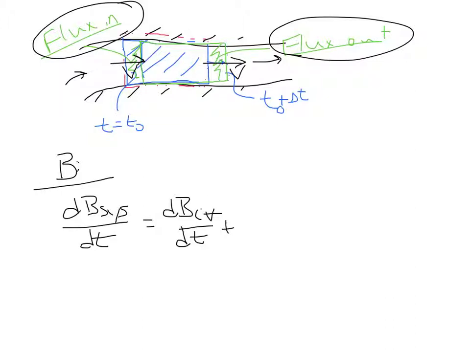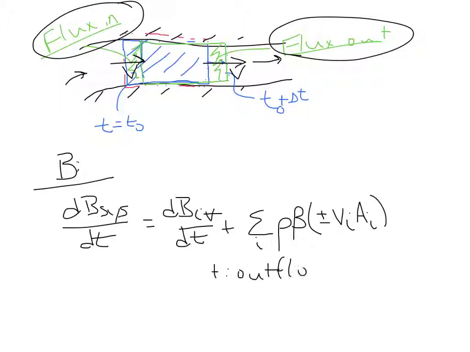And so we can write that as the sum of rho beta, plus or minus V_i A_i here, where plus is for outflows and minus is for inflows.